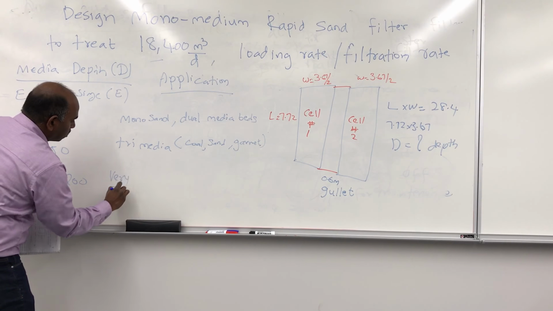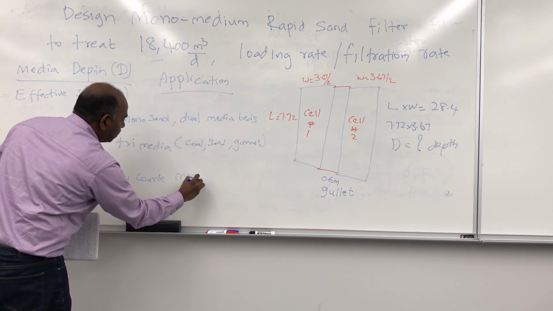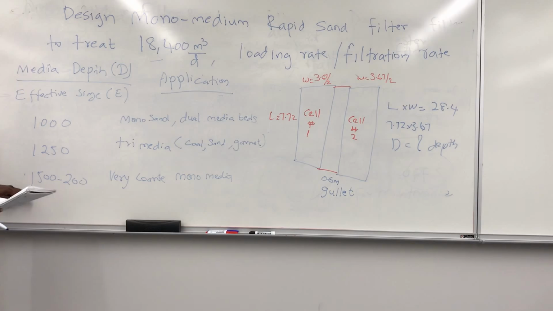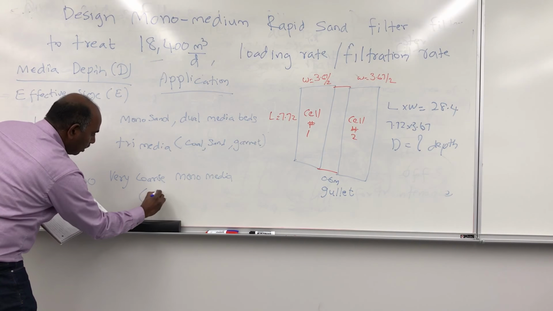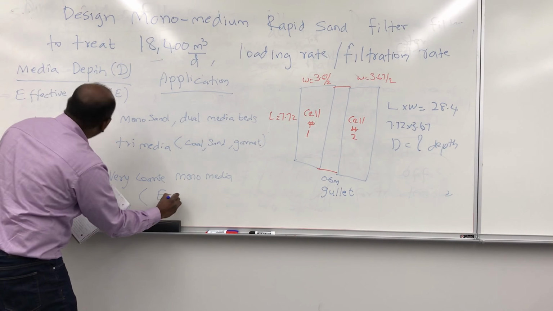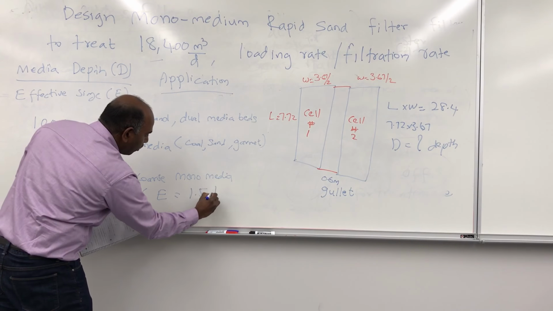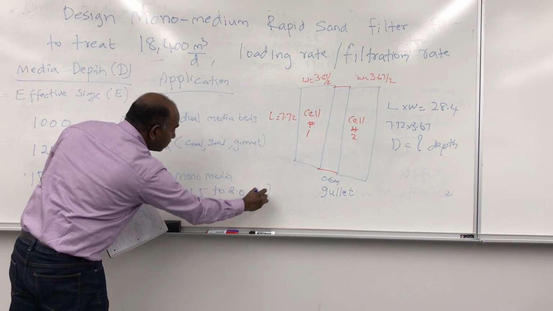Now very coarse monomedia is 1500 to 2000. Since it's a monomedia, the effective size E is 1.5 to 2 millimeters.